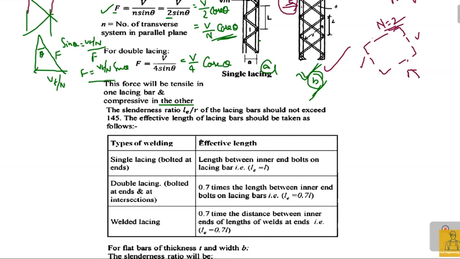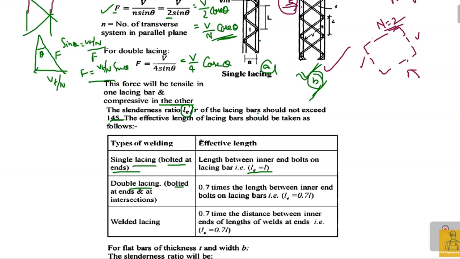Next, slenderness ratio. The slenderness ratio Le by r of the lacing bar should not exceed 145. When you are calculating this slenderness ratio, what should be the effective length? The effective length here is the lacing bar effective length. The lacing bar is welded or bolted to the channel sections, or the built-up section. For single lacing, if it is bolted at the ends, the effective length will be equal to the length of the lacing bar.